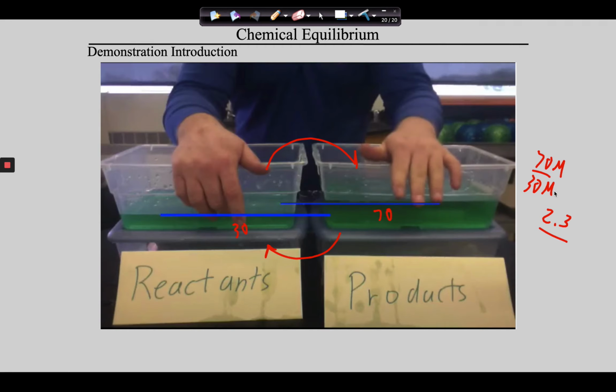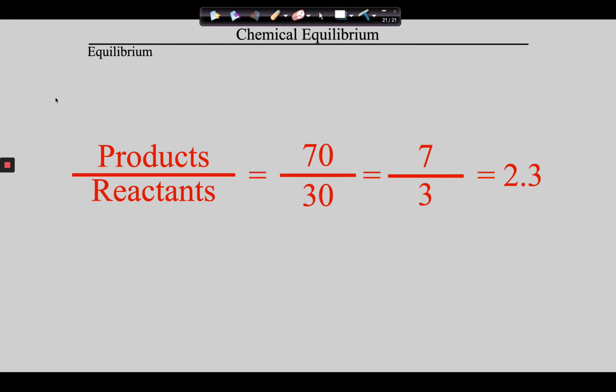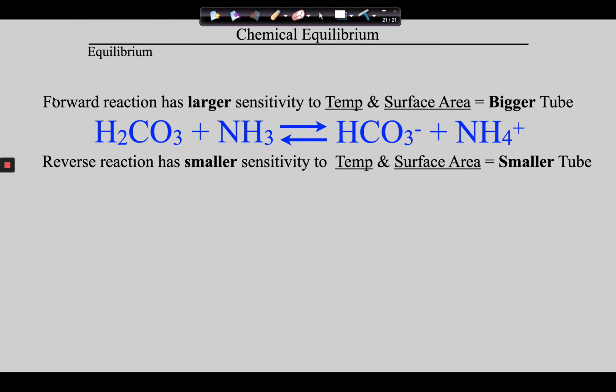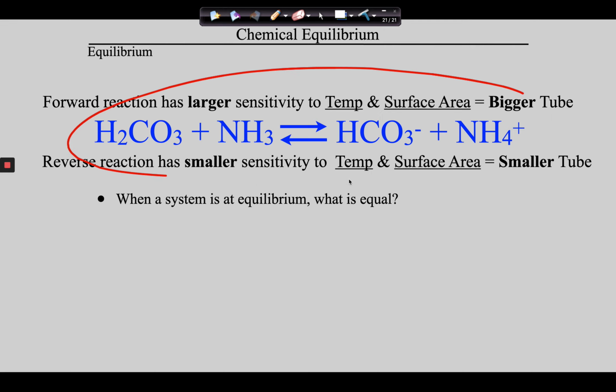So guys, now let's do this. Now that we understand at some level this idea of equilibrium, let's make sure we're really clear. So we understand from everything that we just talked about that we've got forward and reverse reactions, and that these things can reach this condition of equilibrium where the forward and reverse reactions are undoing each other. So let's be clear.